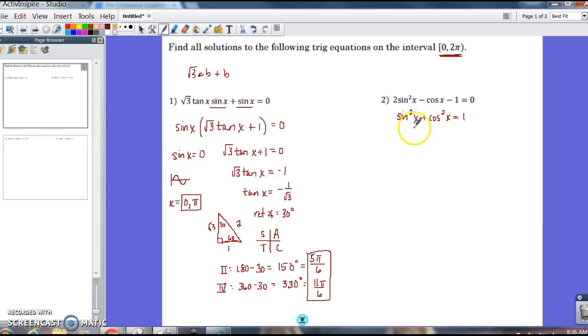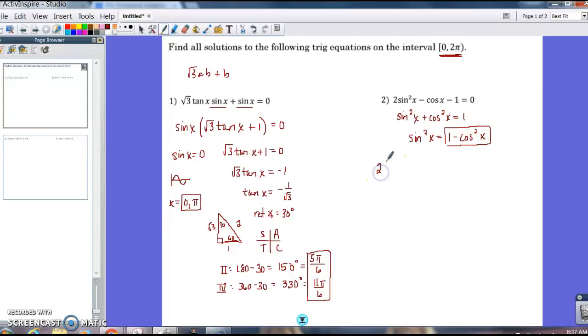Okay, so if I want to solve this for sine squared, that's going to give me 1 minus cosine squared. So I can replace sine squared in this equation with 1 minus cosine squared, and then I'll have everything in the equation in terms of cosine.